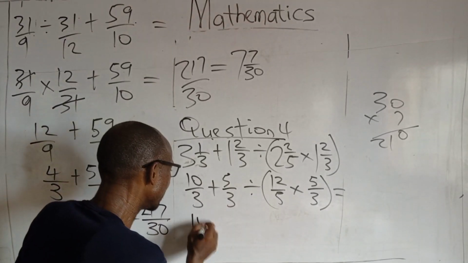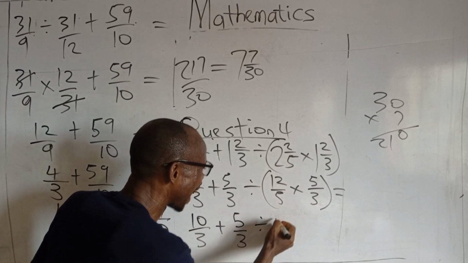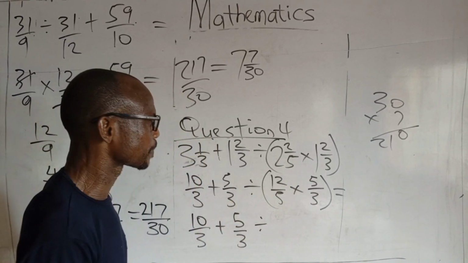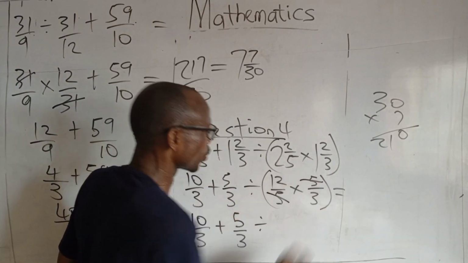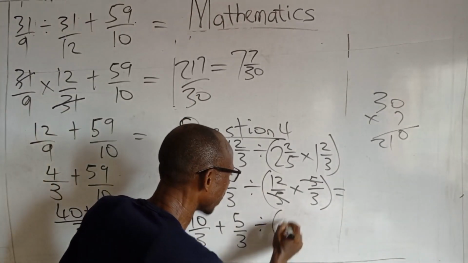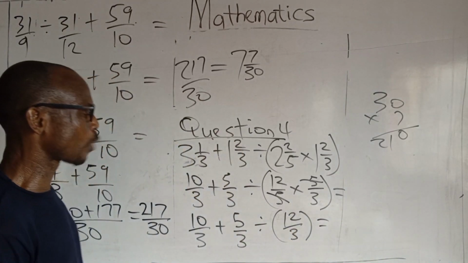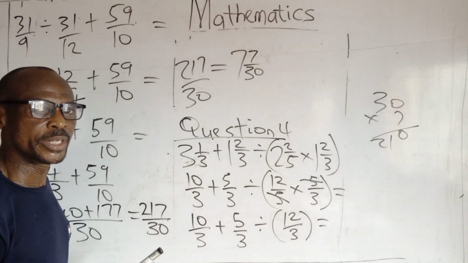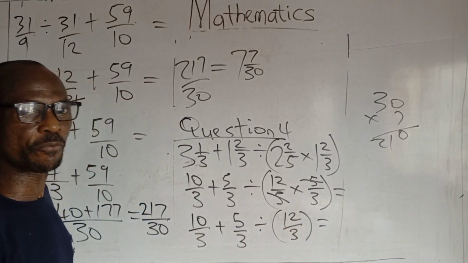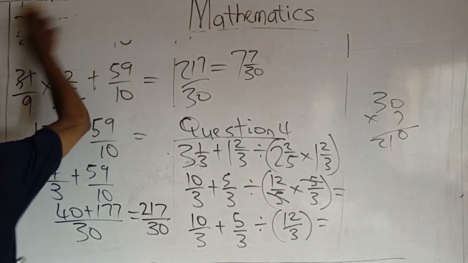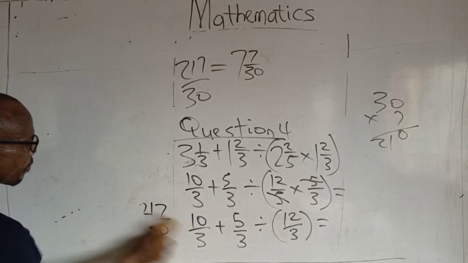So we go on. 10 over 3 plus 5 over 3 divided by, we are still working with this. So looking at these values, what happens? 5 here can cancel out 5 here. We now have what? 12 over 3. Now, 3 divided into 12 will give us what? 4.